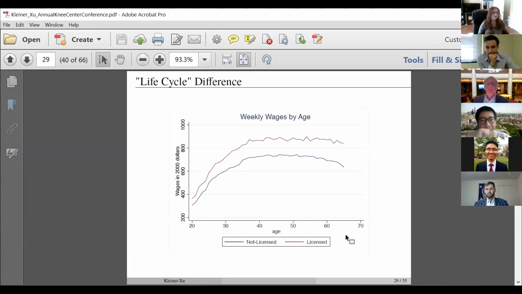This is the monthly or weekly wages by age. And what we find, not surprisingly, is results very similar to earlier results: with licensing, early on, the wage gains tend to be much smaller, but they become much larger over time.